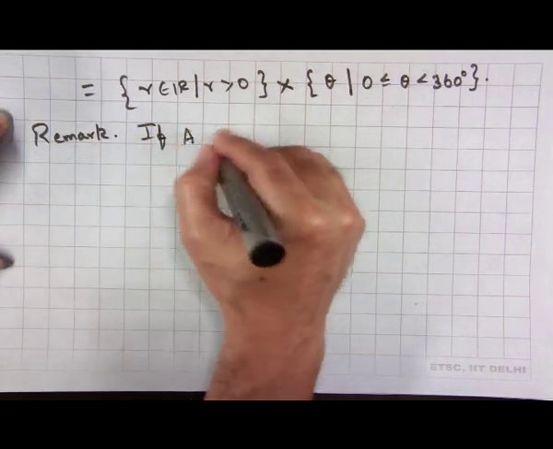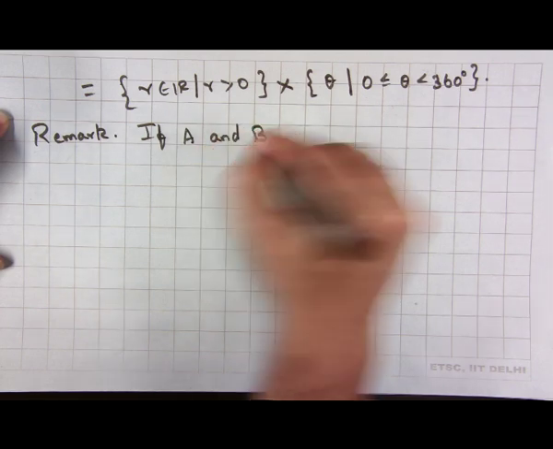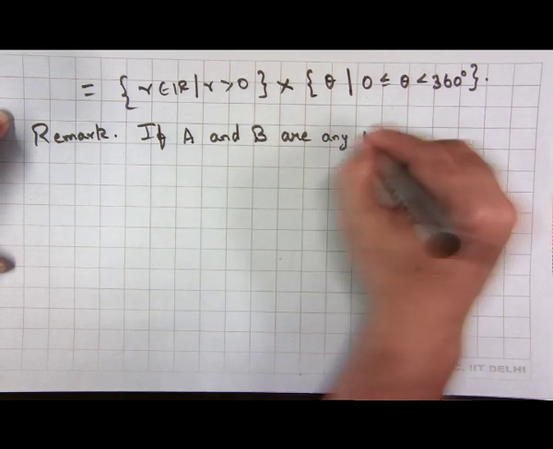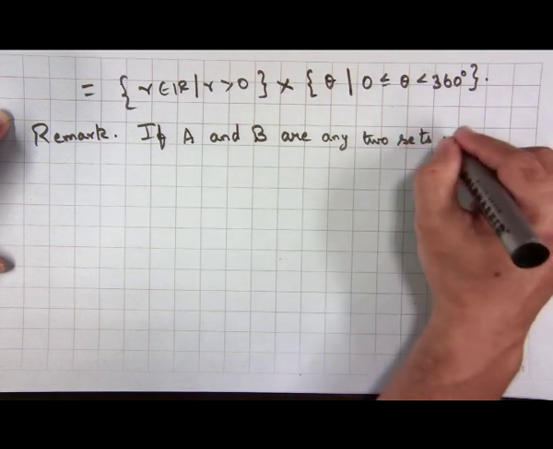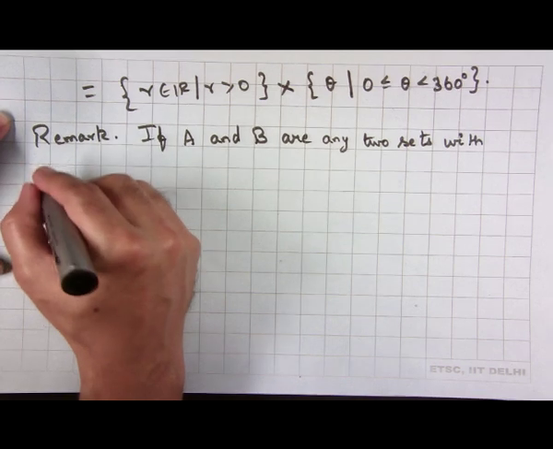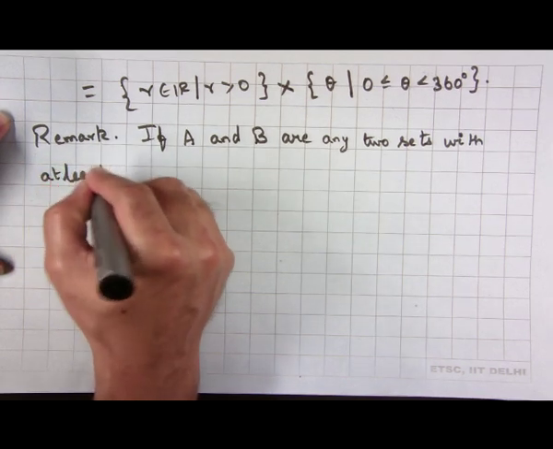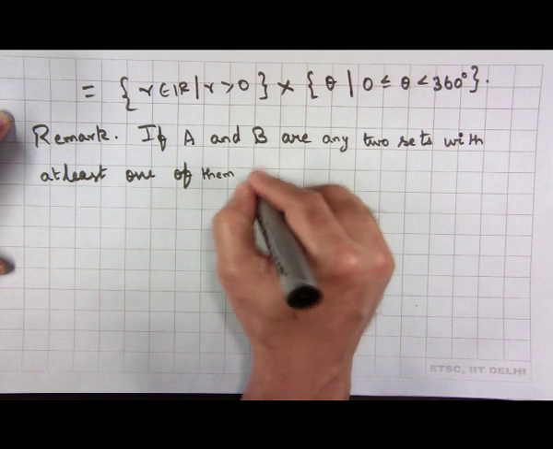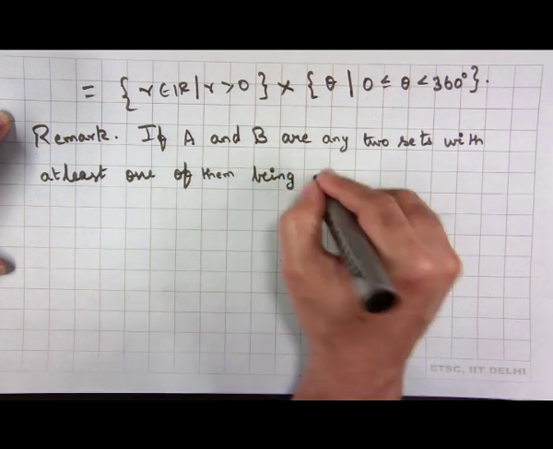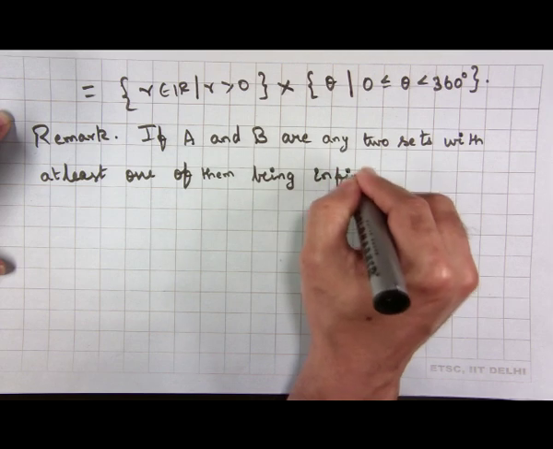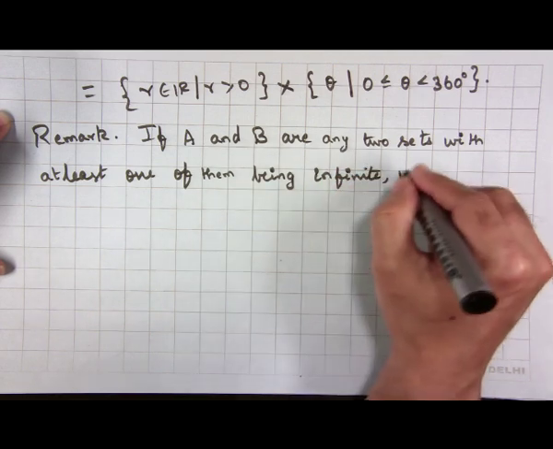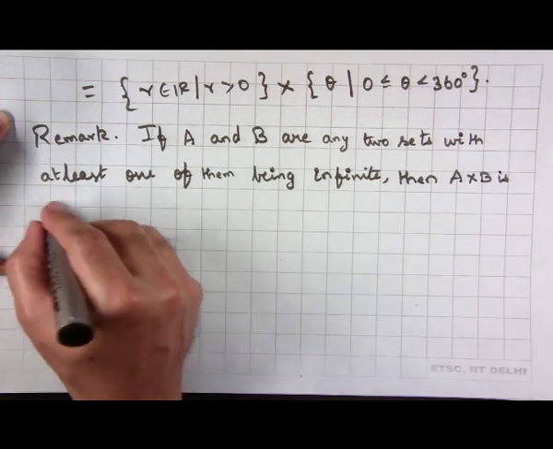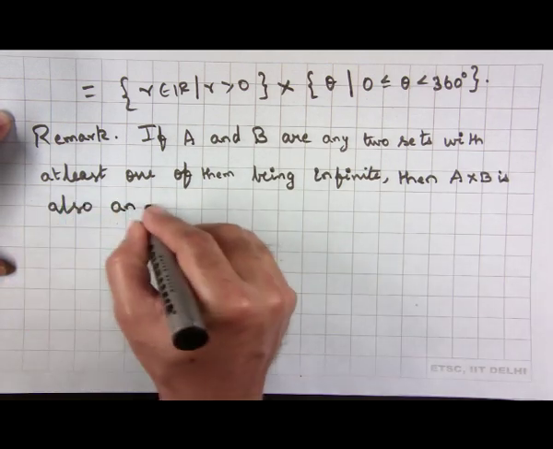If A and B are any two sets with at least one of them being infinite, then A cross B is also an infinite set.